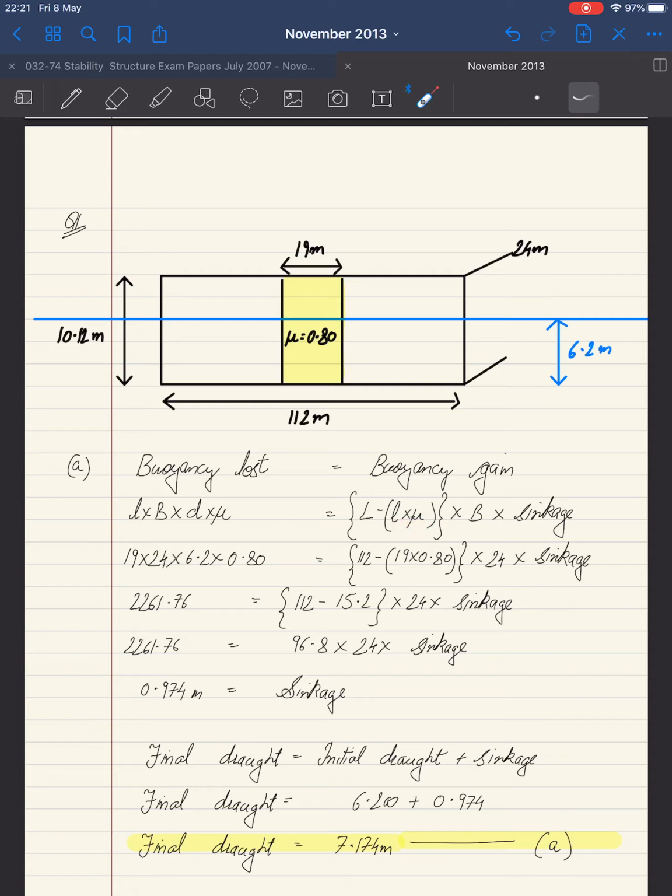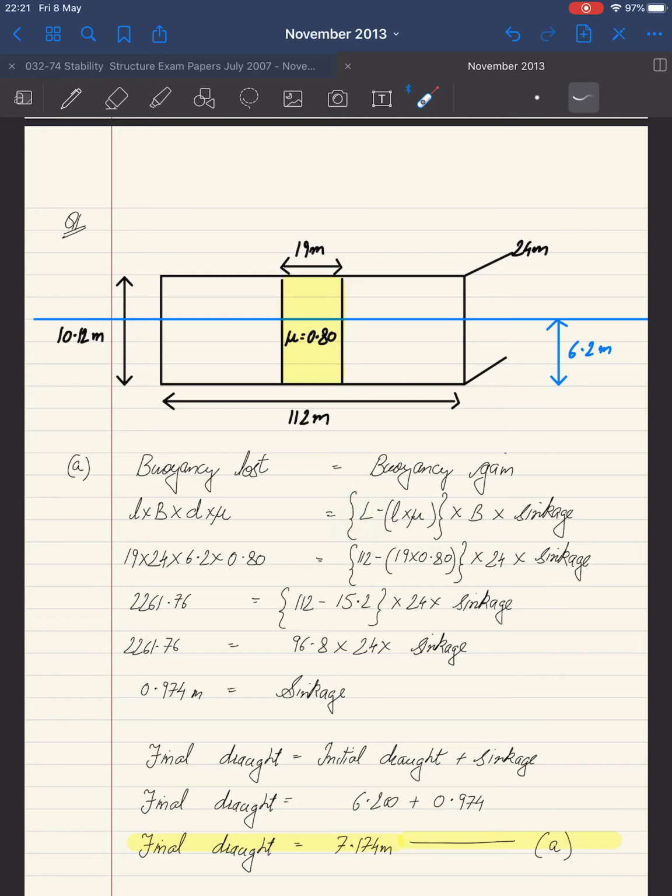So the buoyancy gain will take place over the total length of the vessel minus the permeable length, which will be the length of the compartment multiplied by the permeability. So we have written it like this, which is the length of the vessel minus the permeable length.